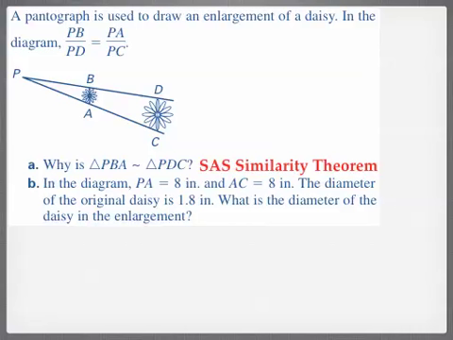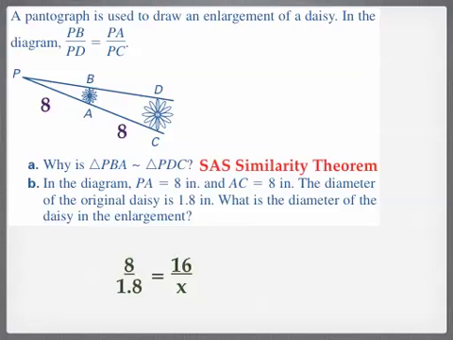And then B says in the diagram PA is 8 inches and AC is 8 inches. The diameter of the original daisy is 1.8 inches. What is the diameter of the daisy in the enlargement? What I've done here is I've gone ahead and set up my proportion.